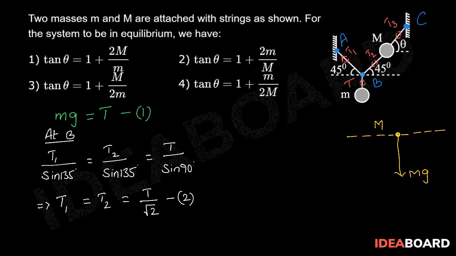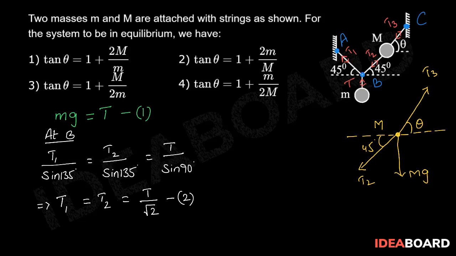Tension T3 acts in such a direction that it subtends theta angle with the horizontal. And tension T2 acts in such a direction that it subtends 45 degrees angle with the horizontal.